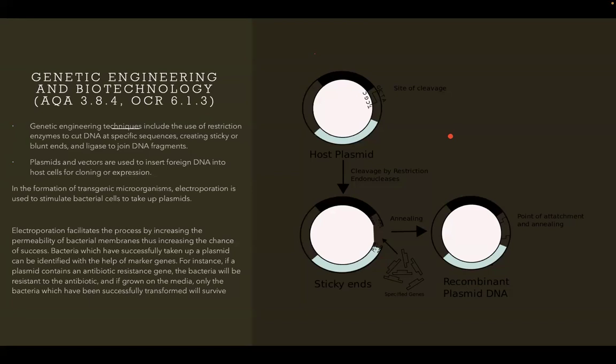And you'd use those same restriction enzymes on a plasmid, okay? So here you can see a plasmid with the host gene. It's being cut out with restriction enzymes.